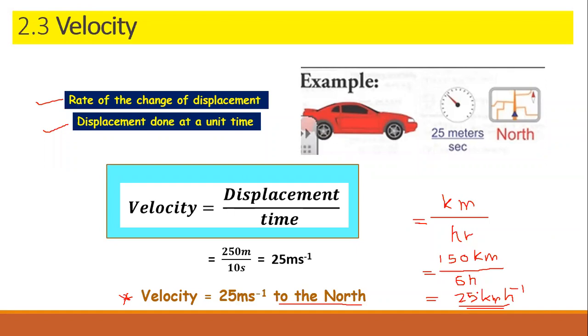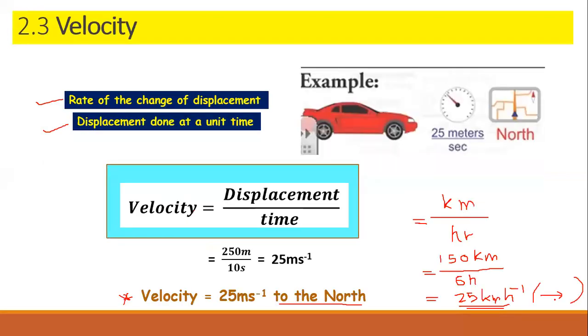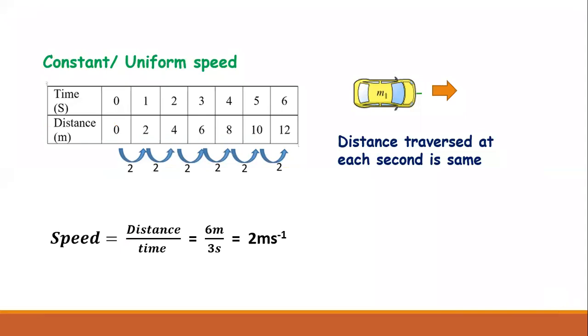That is the way to find the velocity. But we have to mention the direction too, maybe east or maybe north or whatever.